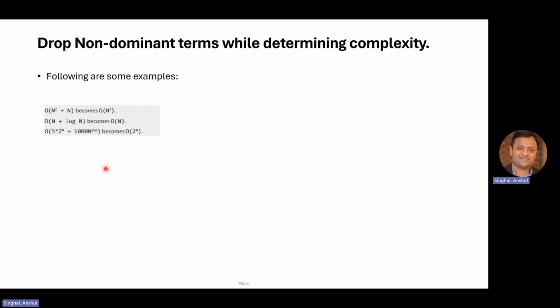And why? Because initially we talked about the tightest bound on the runtime. So we always look for the tightest bound. And the tightest bound will be one where we are considering the major term, not the minor one, or we can say the dominant term and not the non-dominant term. So we can drop the non-dominant term while determining the complexity.